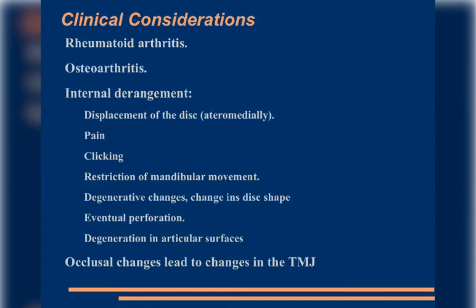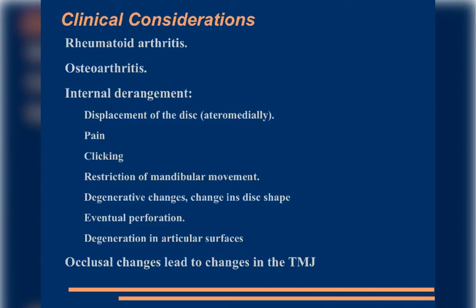Now we'll talk about some clinical considerations. Rheumatoid arthritis and osteoarthritis are two types of arthritis that affect the temporomandibular joint.